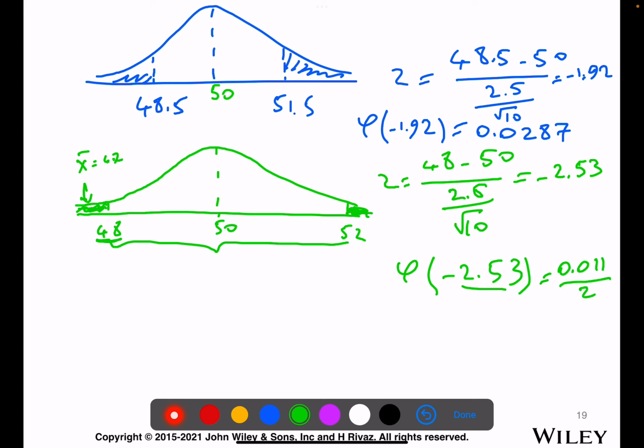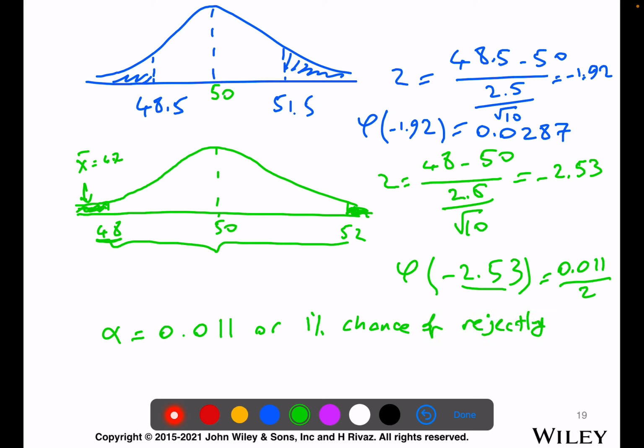So if we look at the table, for minus 2.53, the answer is going to be the final answer divided by 2. Right. So in the case of the green curve, alpha is going to be 0.01, or a 1% chance of rejecting H0 by mistake.